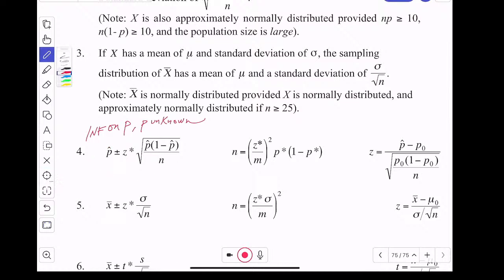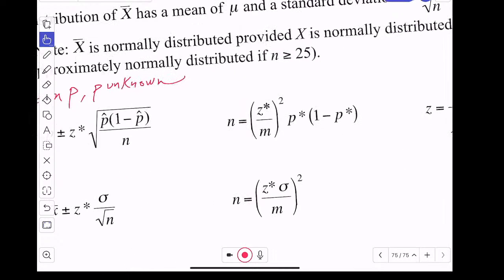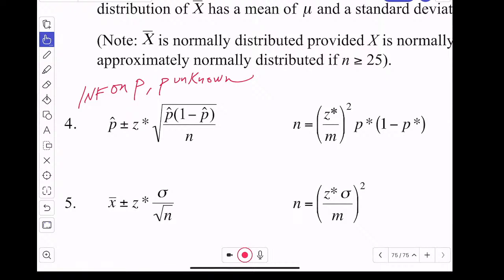And create an interval. The interval format is always, in general, point estimate plus or minus critical value times the standard error.